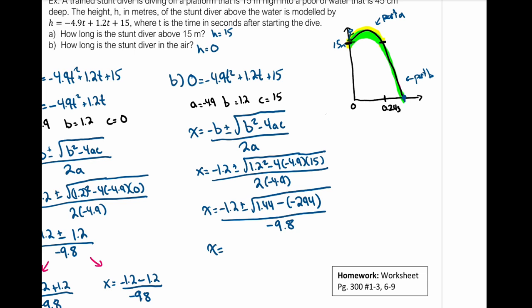And finally, I'm going to simplify the square root, so negative 1.2 plus or minus the square root of 1.44 plus 294, 295.44, all divided by negative 9.8.